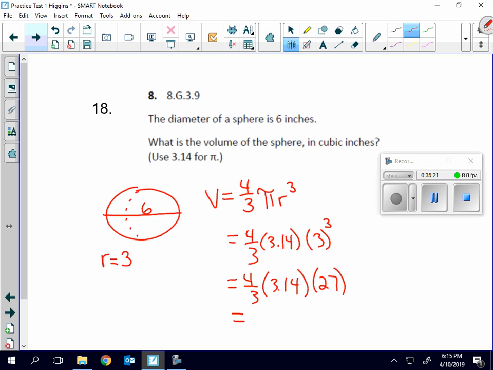I did not round at all in the intermediary steps, as we call it. And I got 113.04. I'm going to double check my work. 4 divided by 3 times 3.14 times 27. Yep. Do I need to round? It does not say to round. So there we go. And we have inches, so cubic inches.